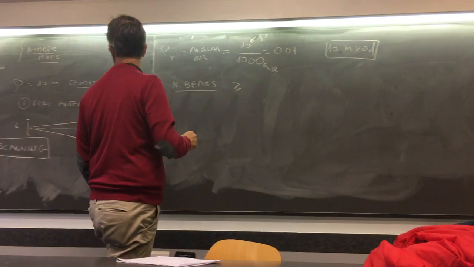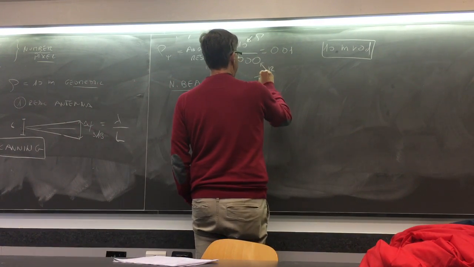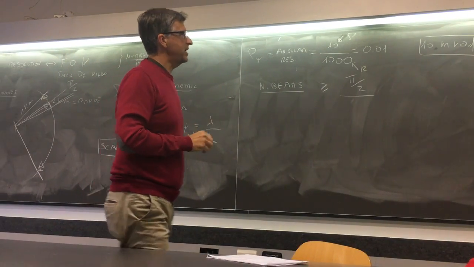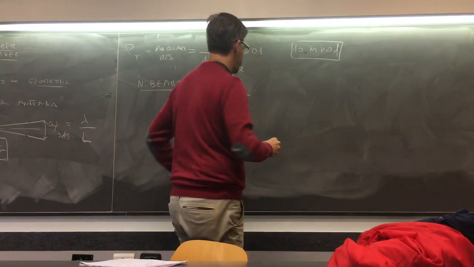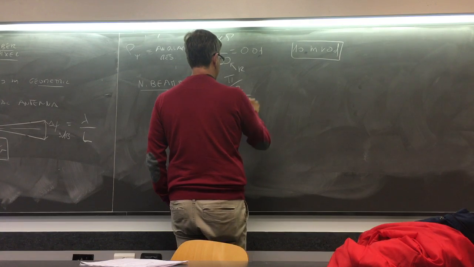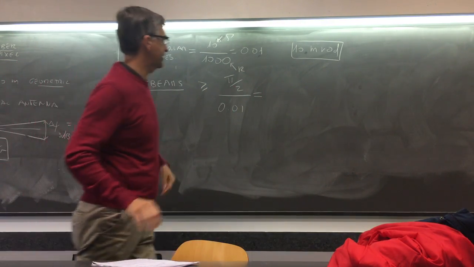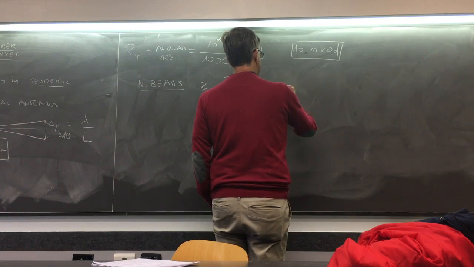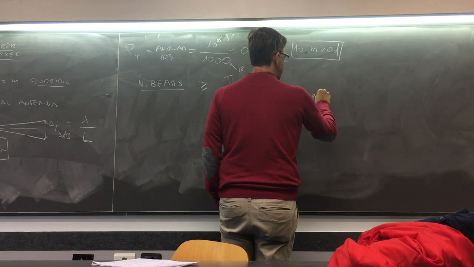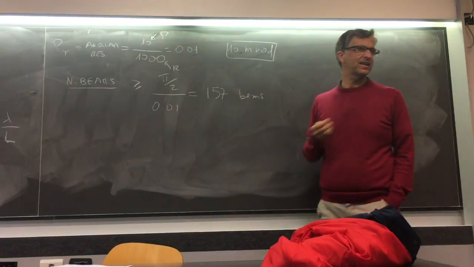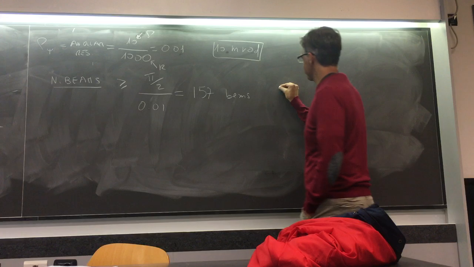So the total field of view in this case is pi alpha, radians, divided by your angular resolution, 0.01. So this is 177 beams. This is basically the number of degrees of freedom, the number of resolution cells.